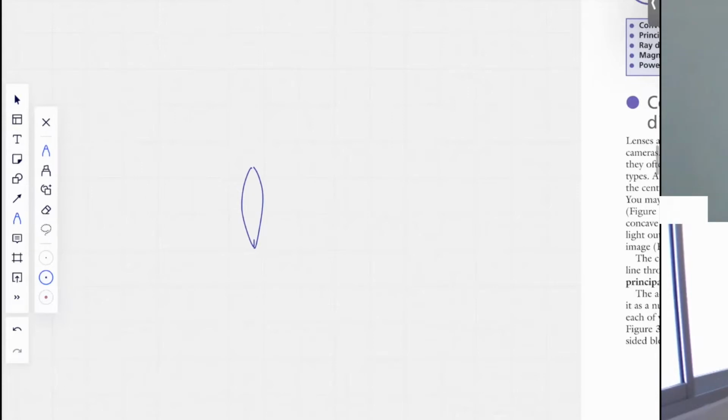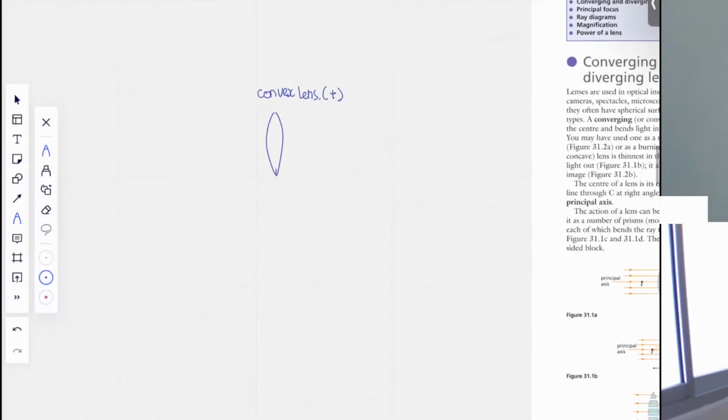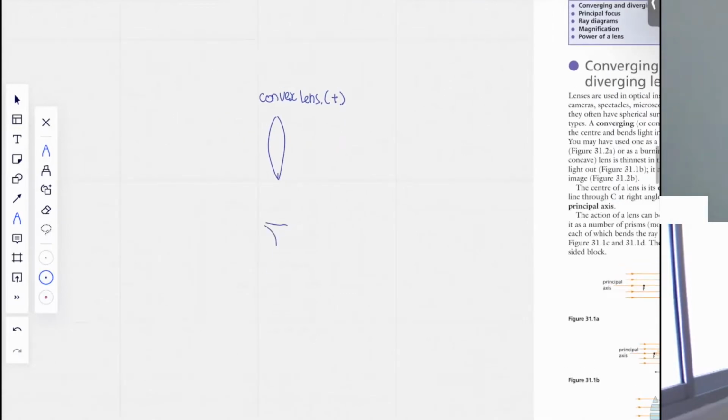This type of lens is called a convex lens, also called positive. Then you have this one. This type is called a concave lens, which is negative.